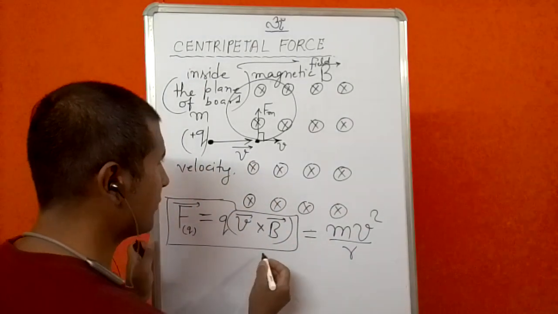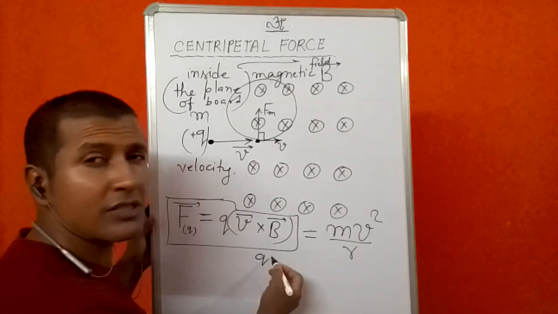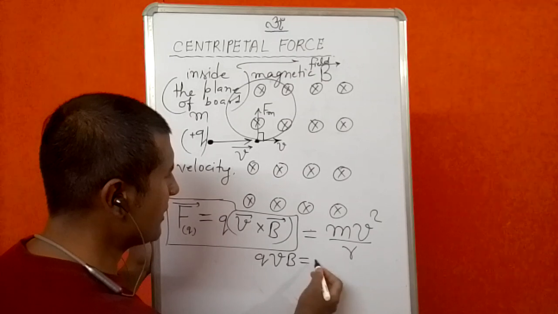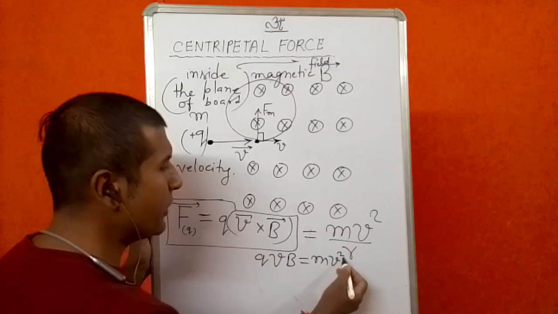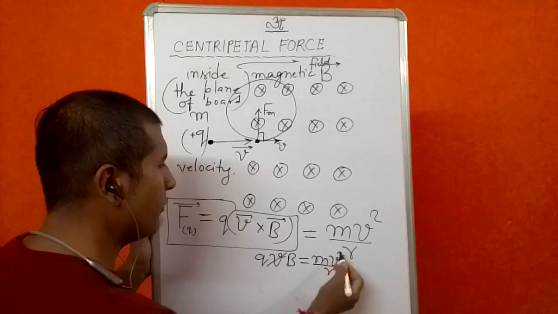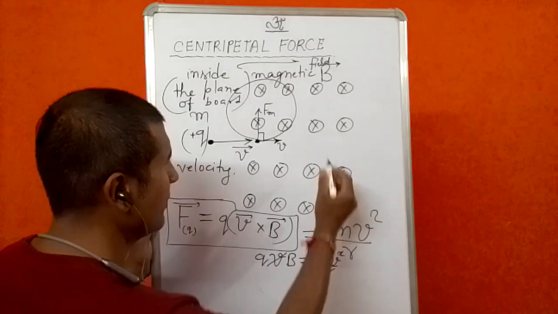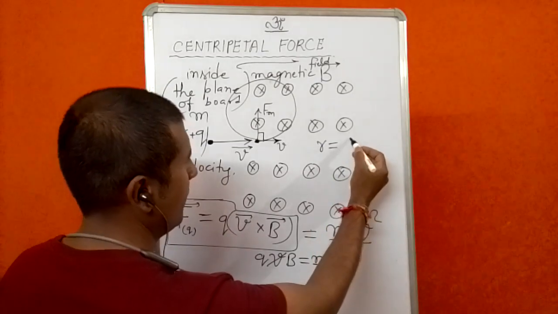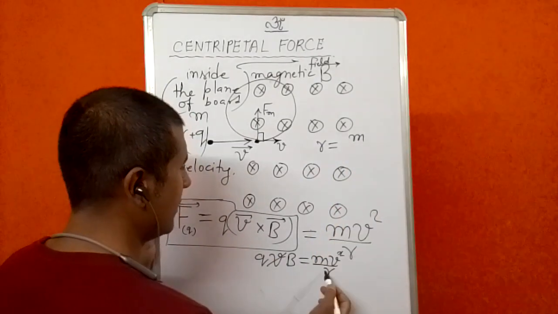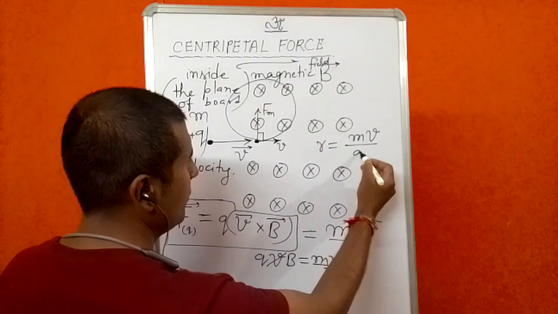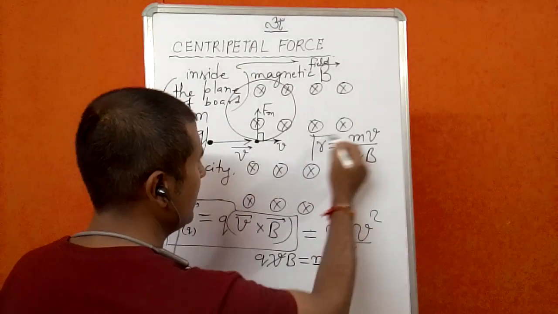So here comes q times vB is equal to mv square by r. Now v will be cancelled by v, so you will get radius r is equal to mv upon qB, right?